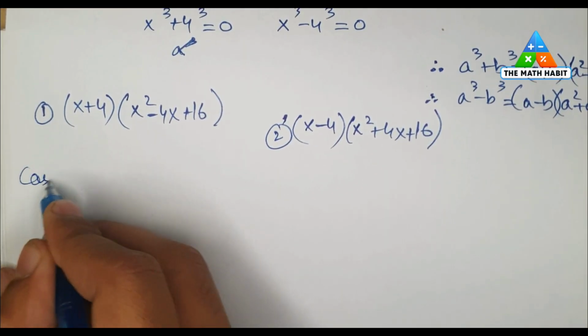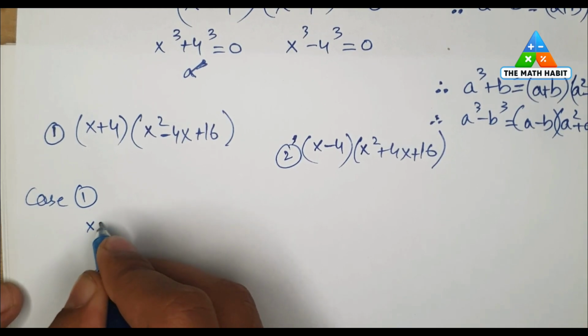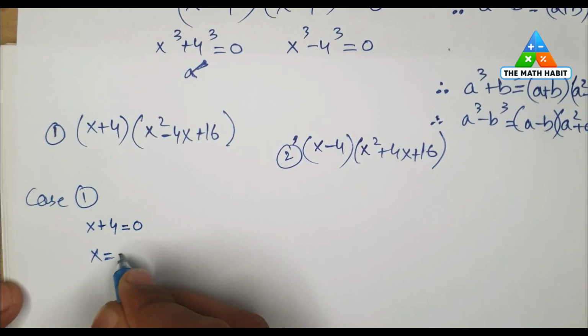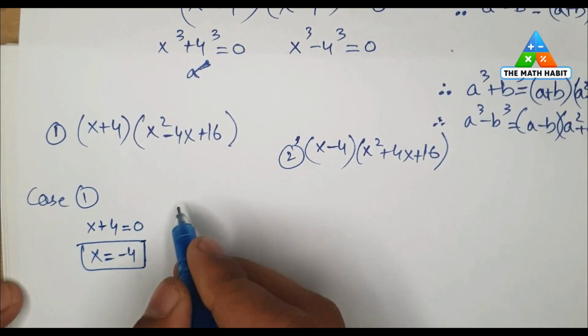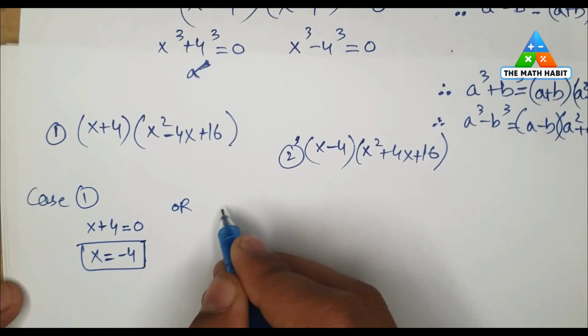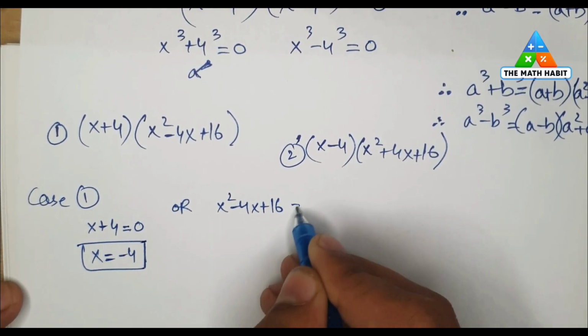From here, case number 1 has started, in which x plus 4 is equal to 0 and x is equal to minus 4. This is the value of x, or x square minus 4x plus 16 is equal to 0.